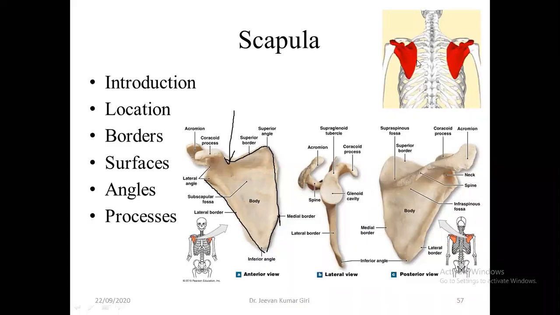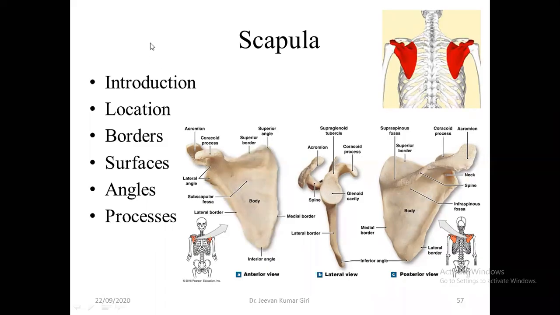The lateral border, the thick border, extends between the inferior angle and the infraglenoid tubercle, which I will explain. Similarly, the superior border extends between the superior angle and the root of the coracoid process, and in the lateral part of the superior border there is the suprascapular notch. Just remember this.